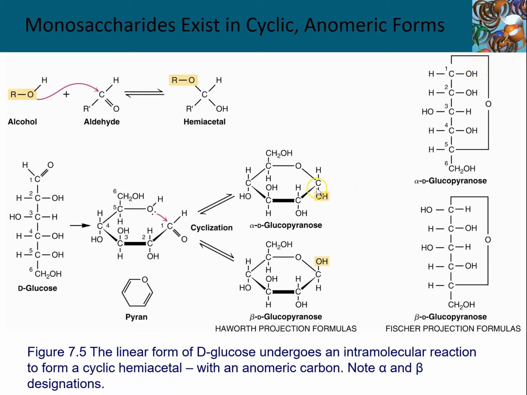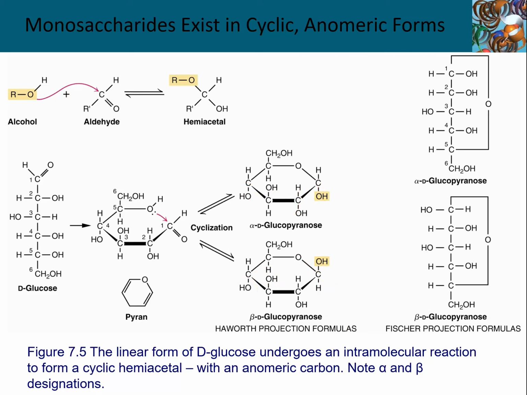The highest numbered, going down 1, 2, 3, 4, 5, 6, highest numbered asymmetric carbon, which has sidedness, is going to be over here. 4-carbon, same side. So same side makes it alpha. Opposite side, beta.